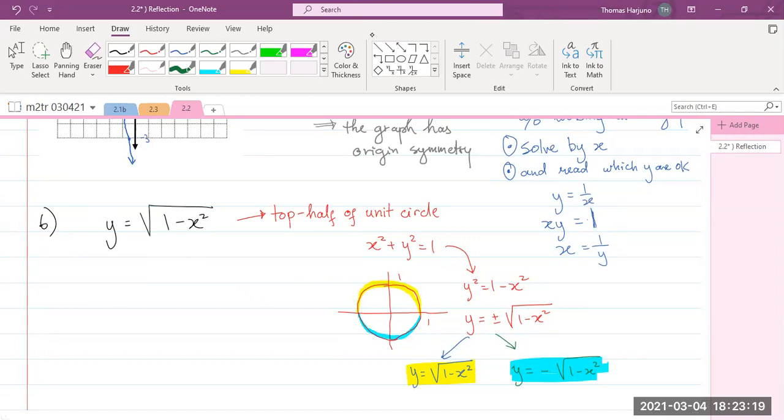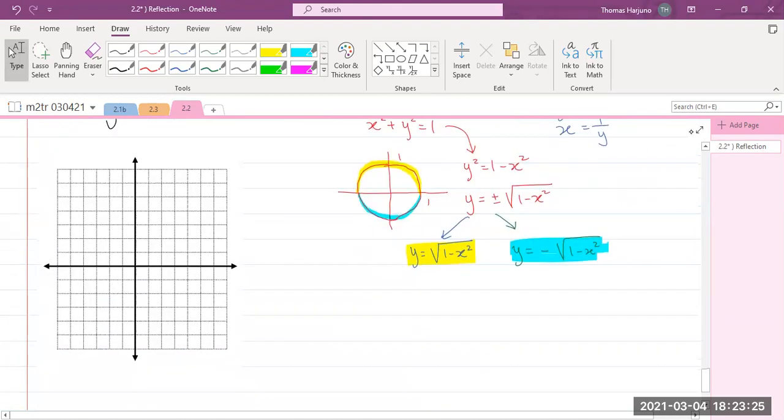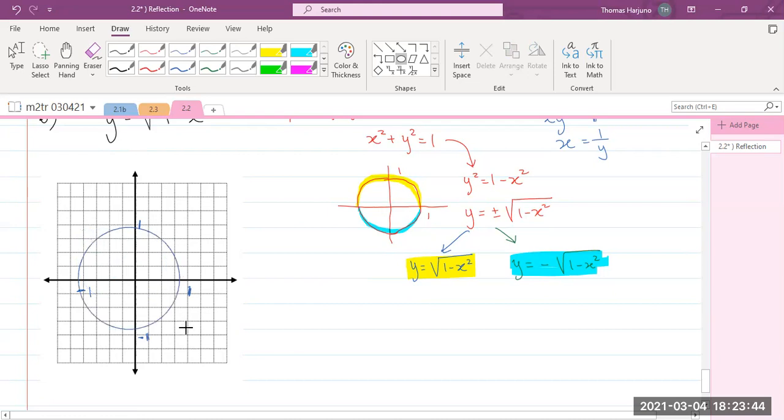So suppose I want to graph it on the coordinate plane here. Let me rescale it. Let's say this is my 1. 4 grids represent 1. Then my circle will look something like this.